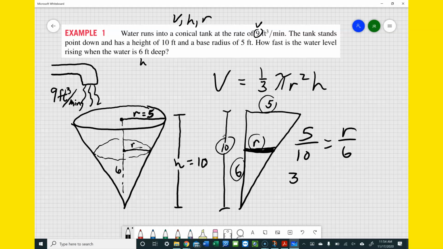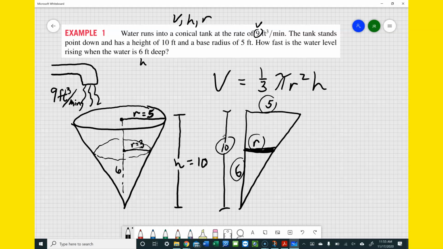So cross multiply and solve for r, and you get r equals 3. So in this moment, r equals 3.